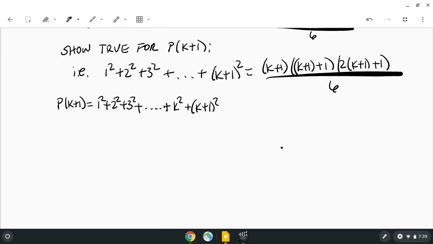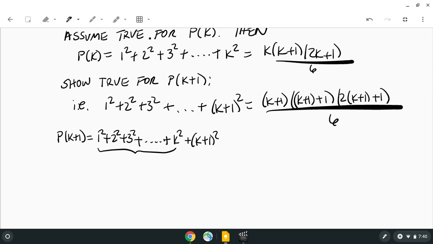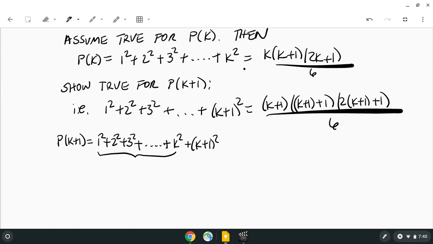All right, so this here is the sum of the first k terms. And we know from the statement right here that the sum of the first k terms equals this. So let's go ahead and rewrite this part like that.